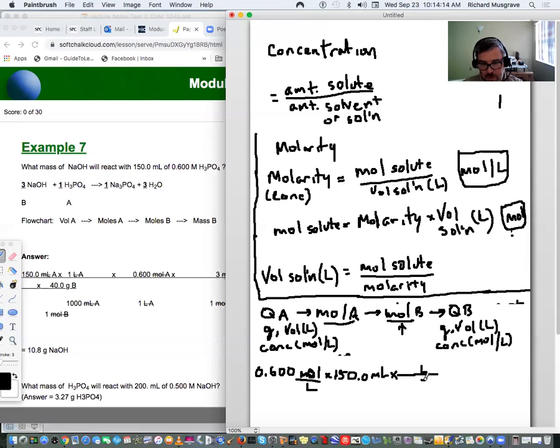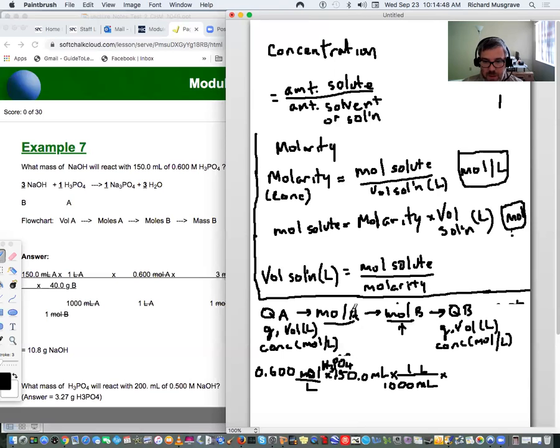So liters will be on top, milliliters will be on the bottom. And it'll be 1 liter and 1,000 mils. Now at this point, that's moles of H3PO4. I keep on forgetting to add in the actual compound here. It's important. Moles of H3PO4.